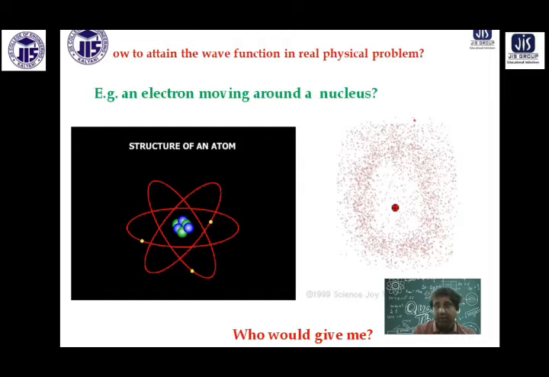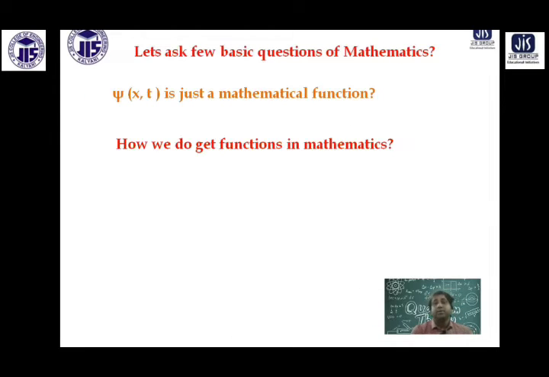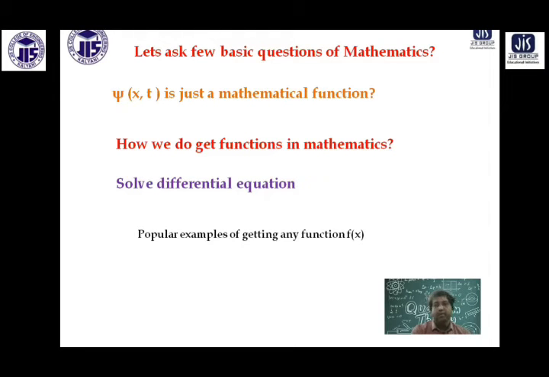My question to you is, how do you get any function in mathematics? Suppose I have a function f(x), how do you get it? In usual mathematics, you get a function by solving a differential equation, maybe second order, maybe first order, depending on the nature. But ultimately you have to solve a differential equation to get any function f(x).